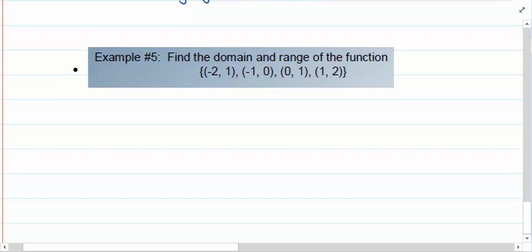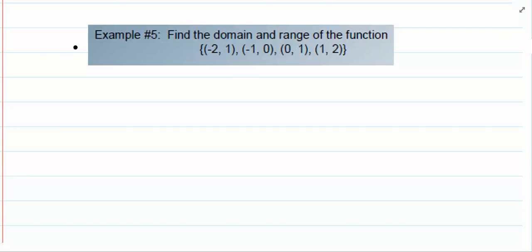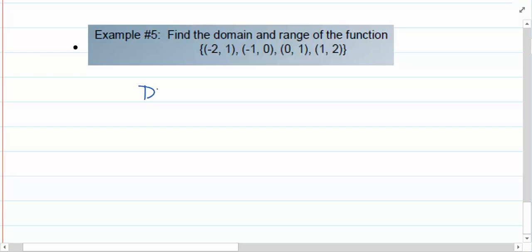Let's take a look at one final example. Let's identify the domain and range of this list of coordinates. For our domain, the x values have to be such that x is an element of, and if we look at our x values, we have the numbers -2, -1, 0, and 1.